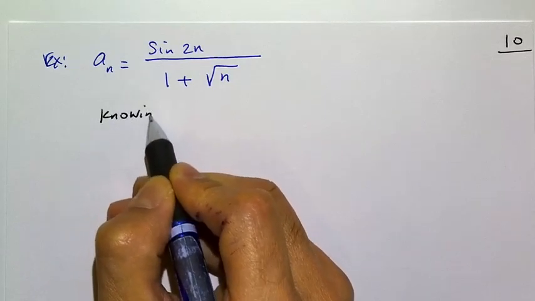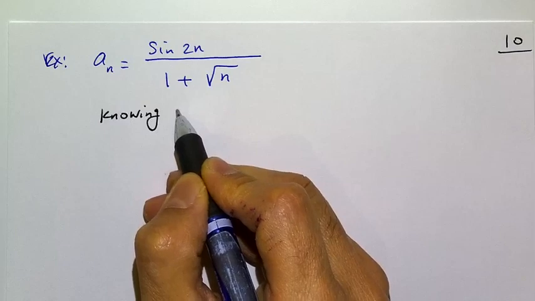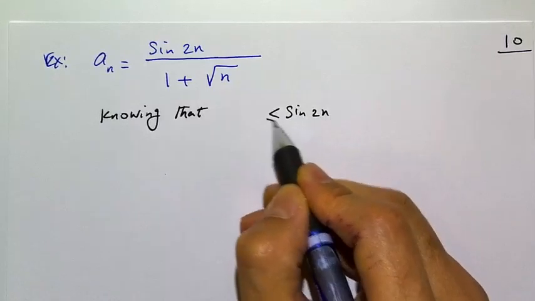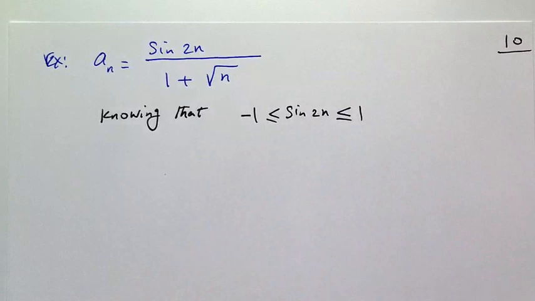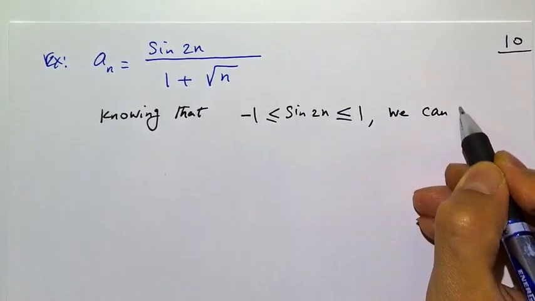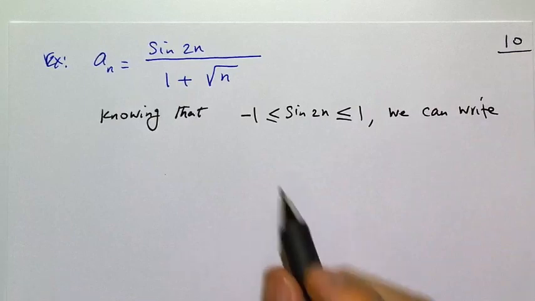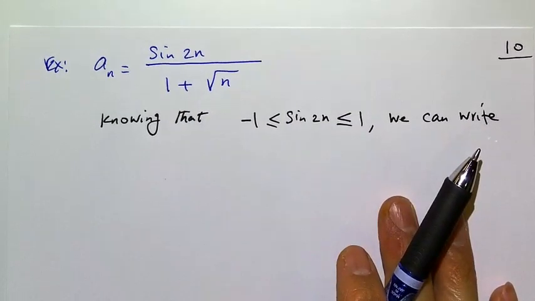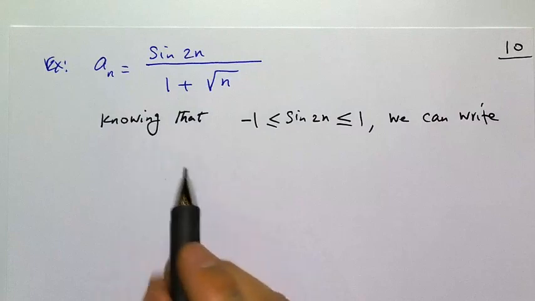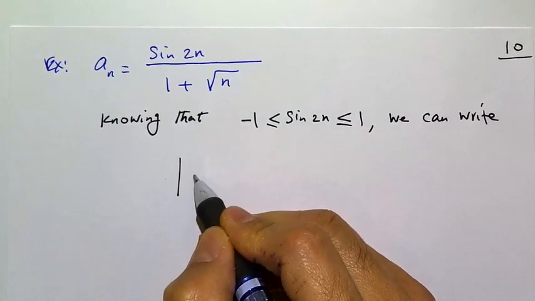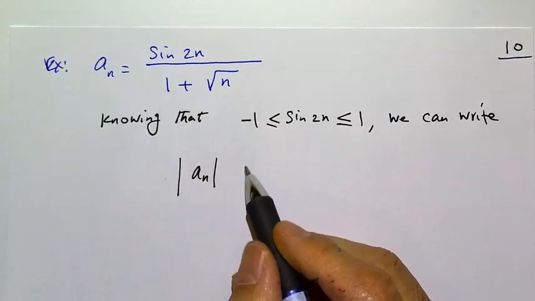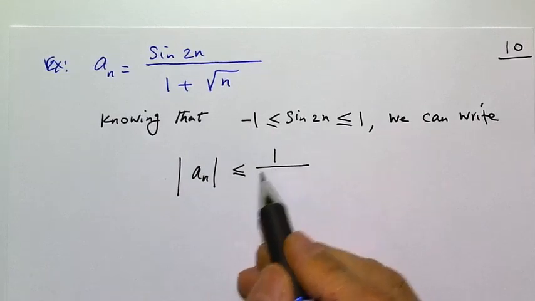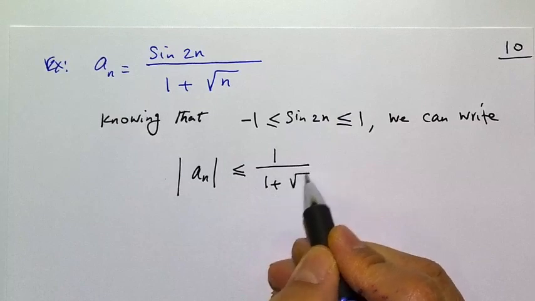So knowing, pausing to do your own work, of course, knowing that the sine of 2n varies between -1 and 1, we can write that the absolute value of a sub n must be less than or equal to 1 over 1 plus square root of n.